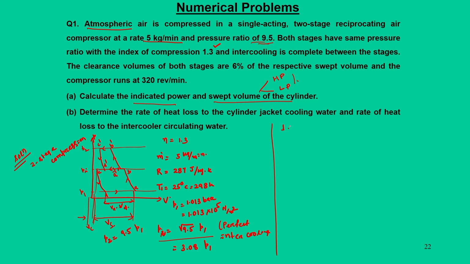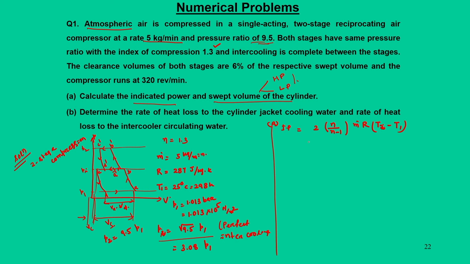So, indicated power is equal to 2 into n by n minus 1. Remember, it is a two stage, into m dot R (T2 minus T1). Understood? So, once we have set this, then all these numbers Ti minus T2.